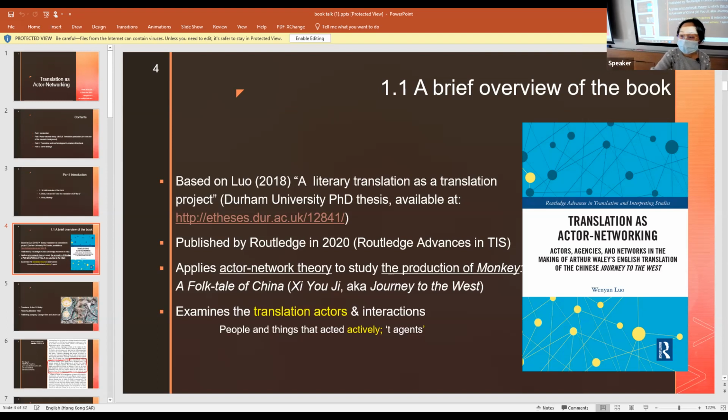But as actor in ANT has a unique and different meaning from agents or even actors as termed in other sociological theories, in my book, I still call them actors instead of agents, although agents may be more familiar or more constantly used in translation studies.